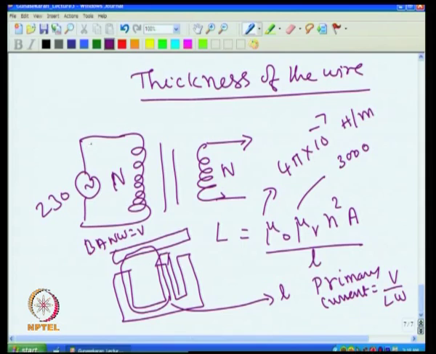When the current flowing through this is AC, the magnetic field set up by this is AC, and that changing magnetic field will induce a voltage here as well as in the coil itself. So, this is a self induced voltage, and this is a mutually induced voltage.